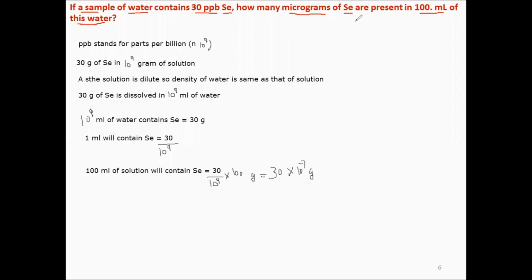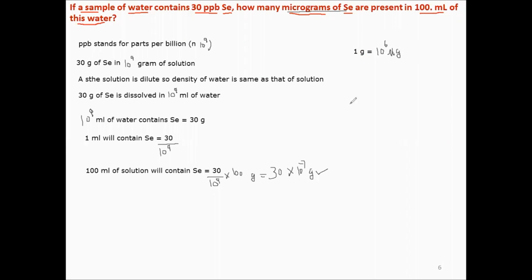Now the author has asked us to find micrograms of selenium, so we have to convert grams to micrograms. This we can easily convert. 1 gram is equal to 10 raised to the power 6 micrograms.